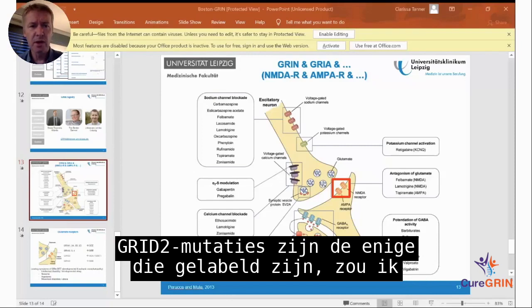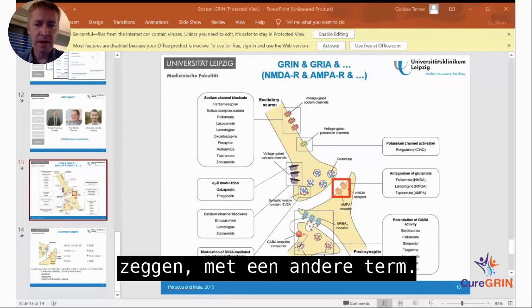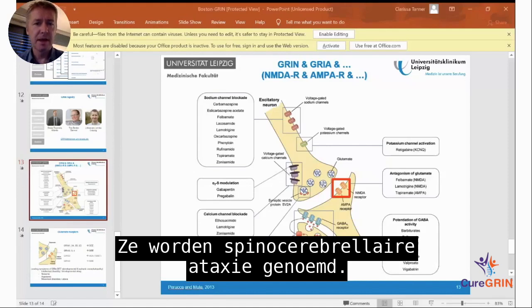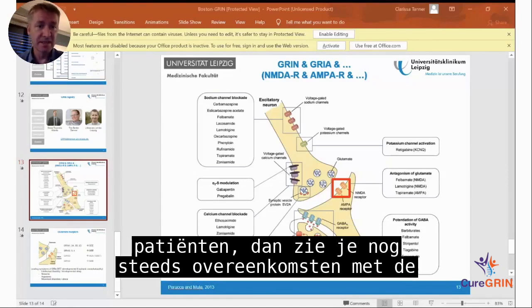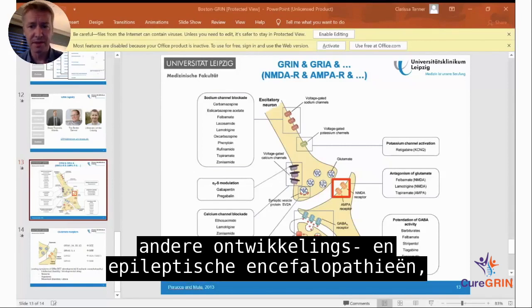GRID2 mutations are the only ones labeled, I would say, with a different term. They are named spinocerebellar ataxia. But if you look at the phenotype of these rare patients, you still see similarities to the other developmental and epileptic encephalopathies.